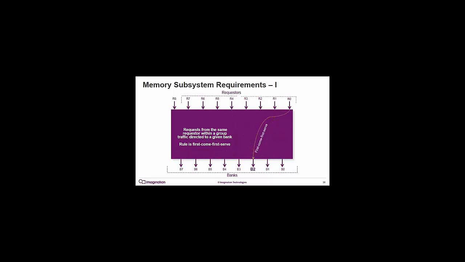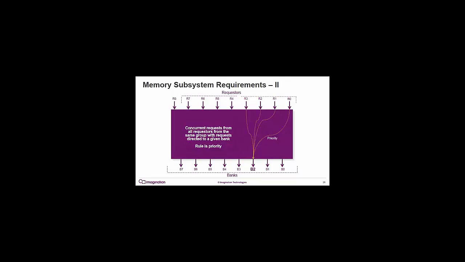However, if you have a stream of requests originating from one requester Ri being sent to a bank Bj, then first come, first serve is the rule. However, if you have requesters in the same group getting active in the same clock cycle, sending to the same bank, then the rule is priority, and the requesters with the lower index will take priority over higher index requesters.